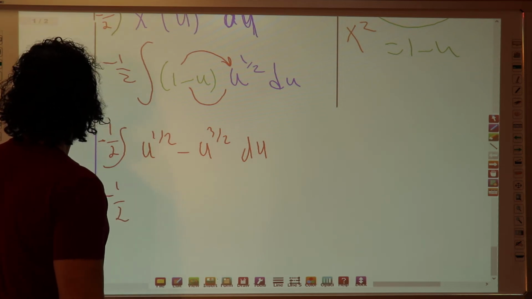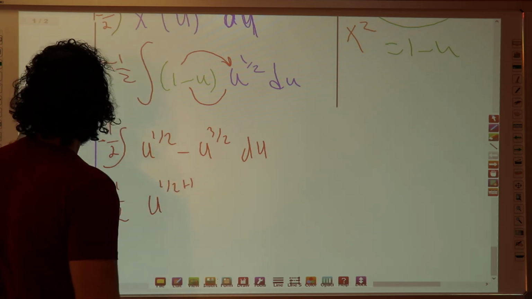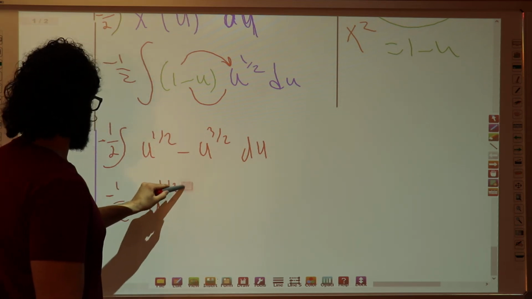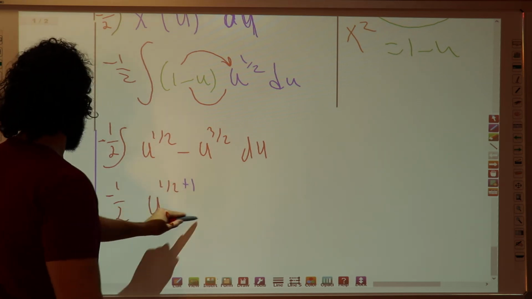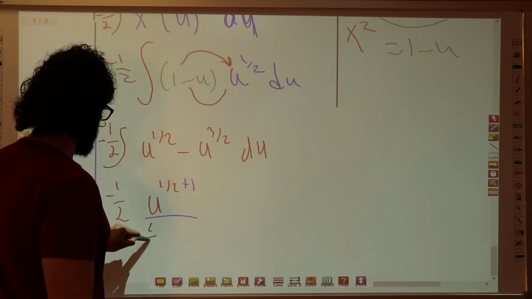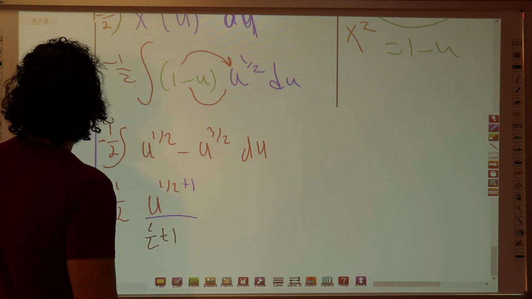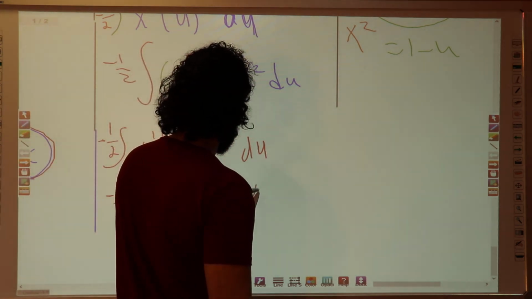If you want to add plus 1, add u to the half in the blue. Can you write in the blue the 1 over what? Plus 1. u to the same thing. 3/2.